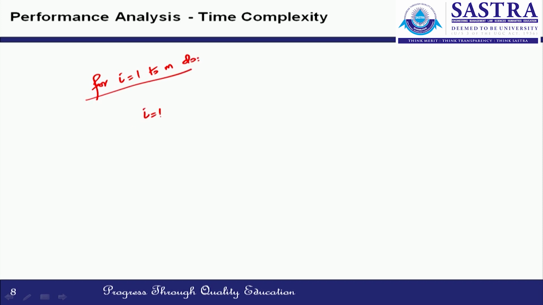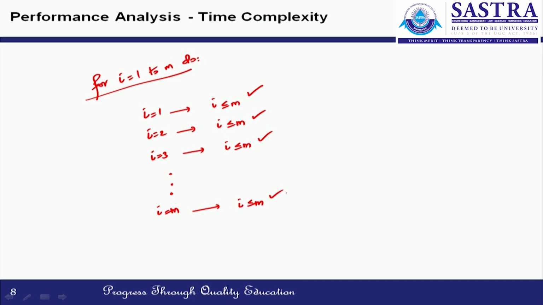The condition to be tested: when i is equal to 1, it checks if i is less than or equal to m. When i is equal to 2, it checks if i is less than or equal to m. When i is equal to 3, it checks the same, etc. When i becomes m, the same condition is tested and is true. When i becomes m plus 1, it also checks if i is less than or equal to m.